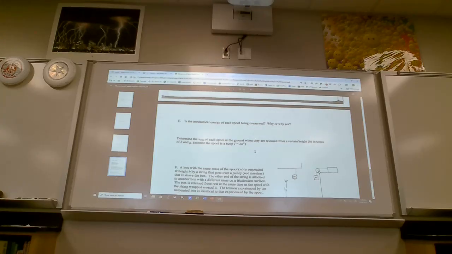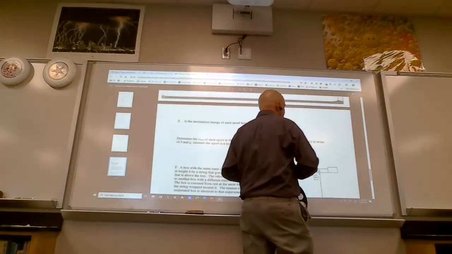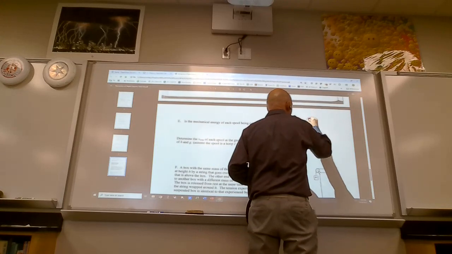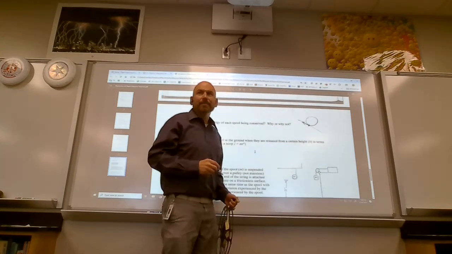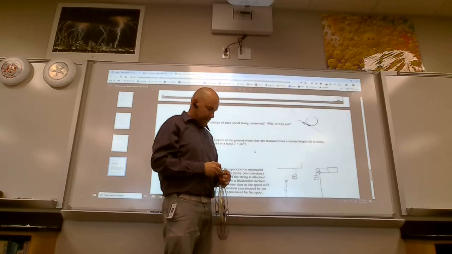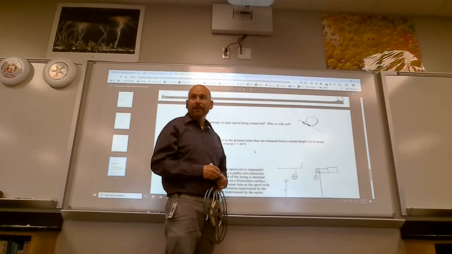Okay, correct answer is thumbs up, thumbs down. Mechanical energy is conserved. Just like friction acting on a ball rolling down an incline is acting on the object, but it's not causing displacement at that point.